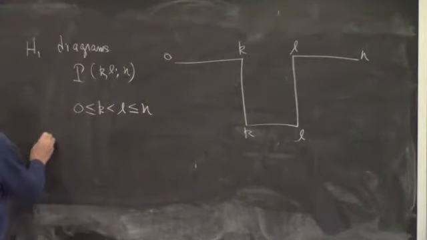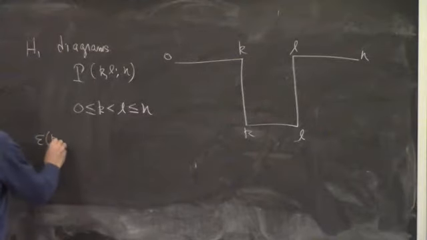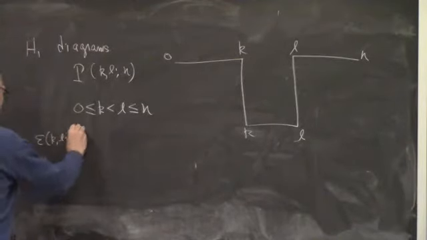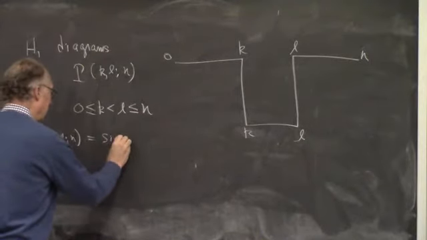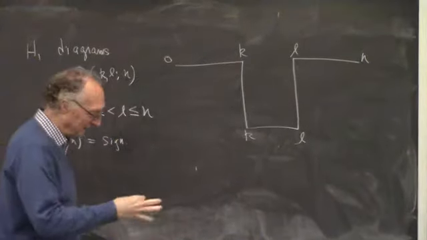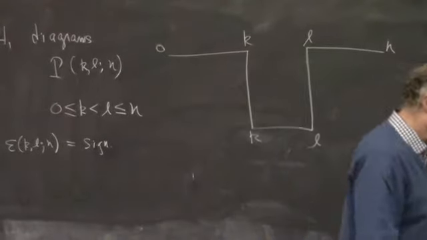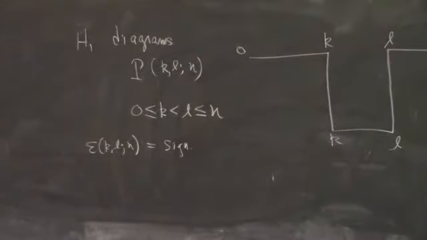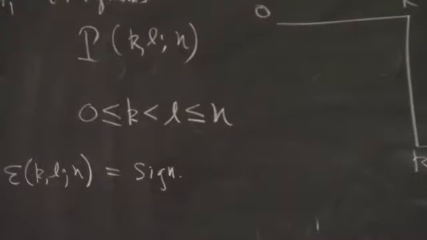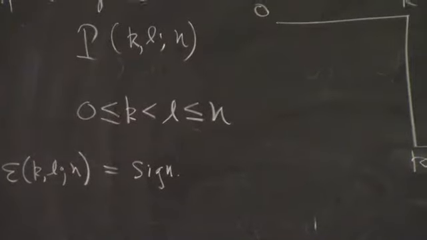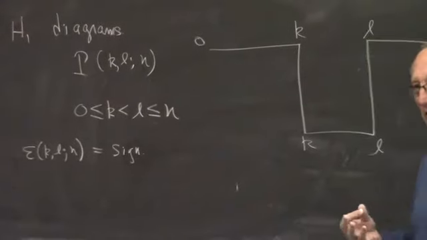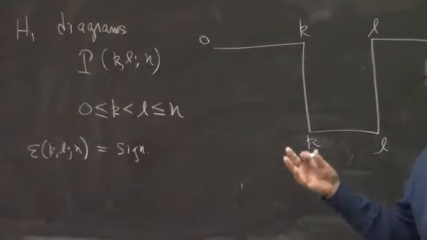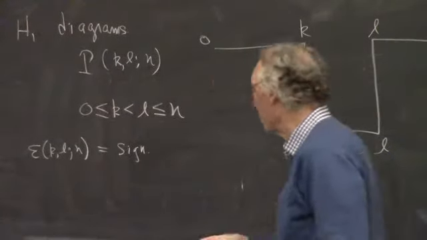And there is a sign, epsilon K, L, N. I'm not going to say much about the signs, it'll come up a little bit. And I'm essentially going to work mod 2 so that signs don't matter today. But I just want you to know that you can work over the integers and there are signs, and occasionally I'll say something about it.